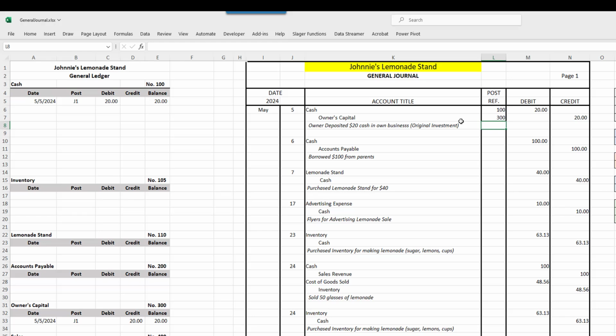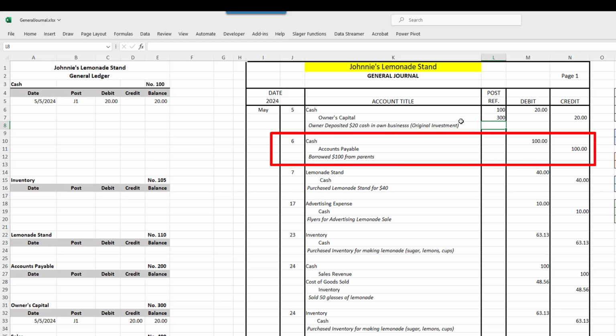In the next transaction, Johnny borrowed $100 from his parents. I will enter the date the transaction occurred and J1 in the post column of the cash account. The 100 is placed in the debit column of cash. I added a function to the Excel spreadsheet to automatically add the debit amount to the balance.